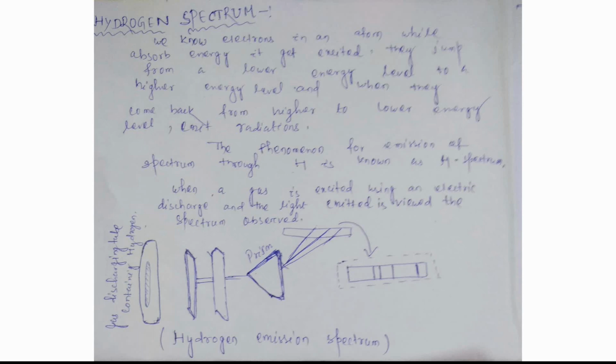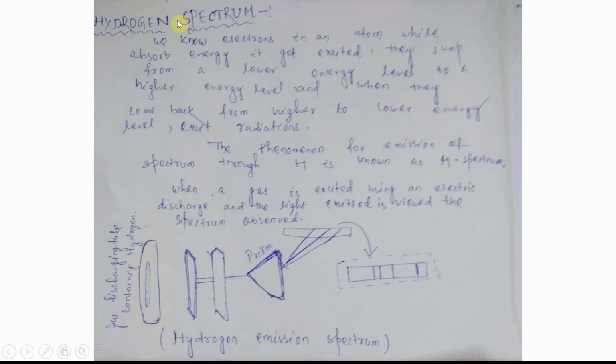Experimentally, the hydrogen spectrum is a line spectrum, which consists of different series of spectral lines, but that model cannot explain it. Bohr modified the Rutherford model and gave some idea about the hydrogen spectrum. So what are the ideas given by Bohr regarding the hydrogen spectrum? We have to discuss that here.